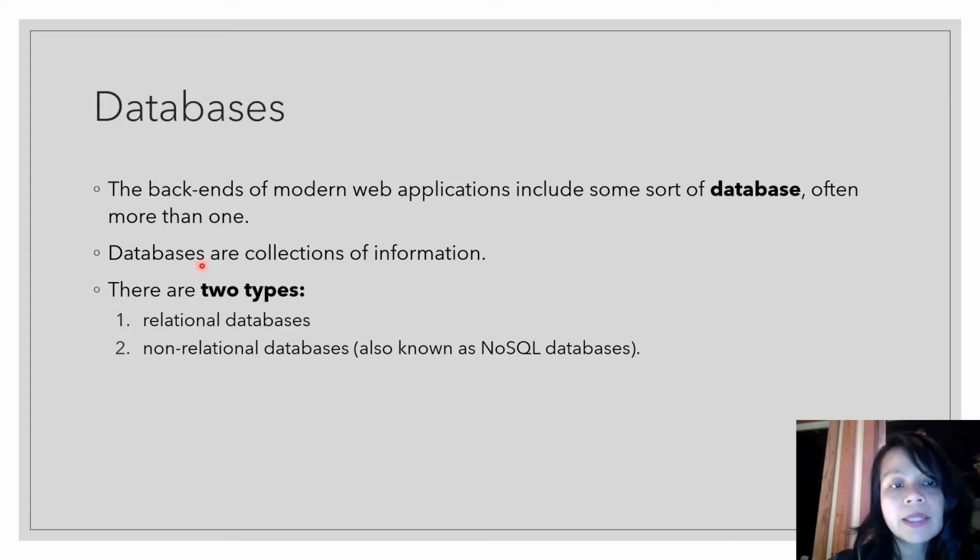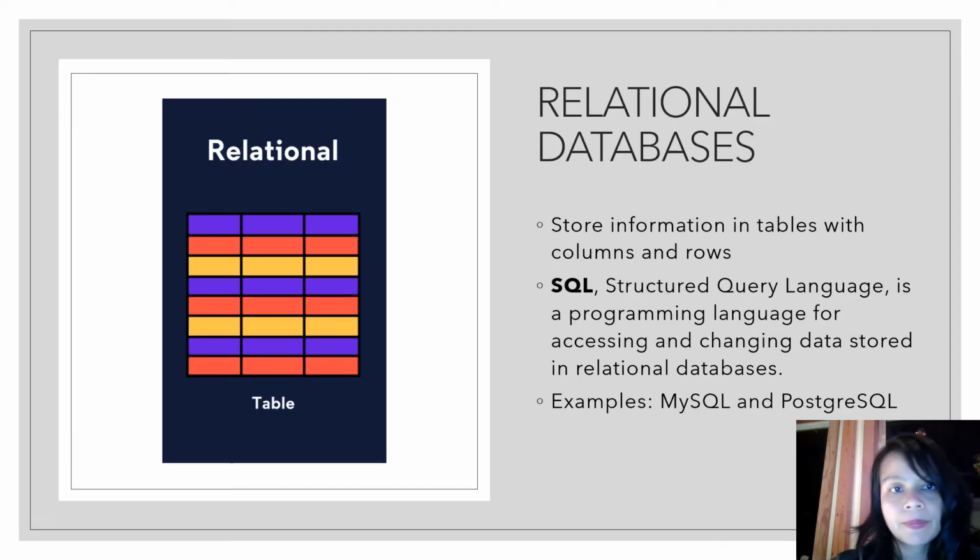Databases are collections of information. There are 2 types, relational databases and non-relational databases, also known as NoSQL databases. Let's look at relational databases first. Relational databases store information in tables with rows and columns.